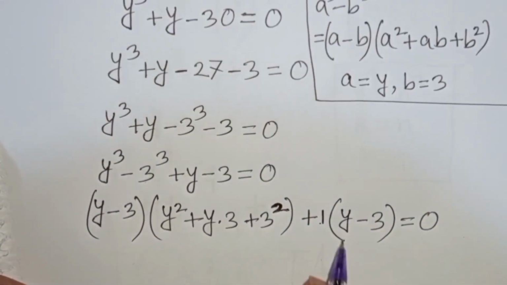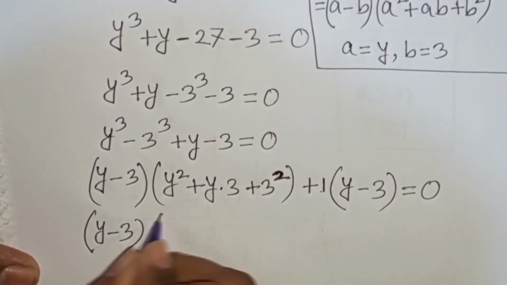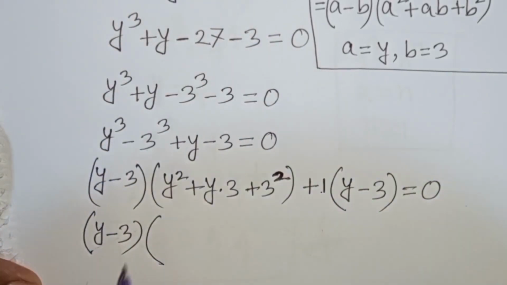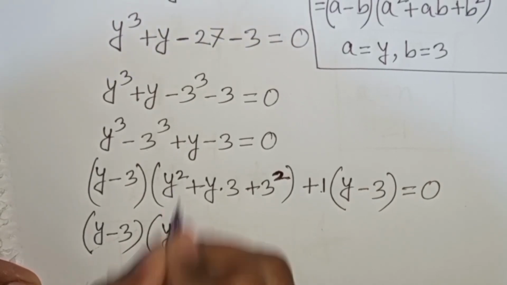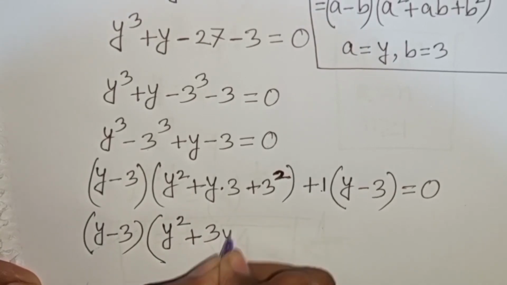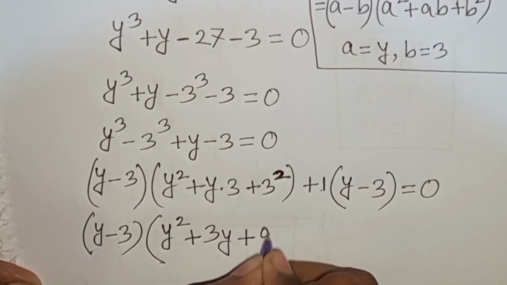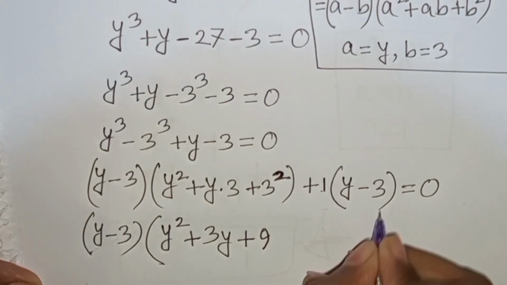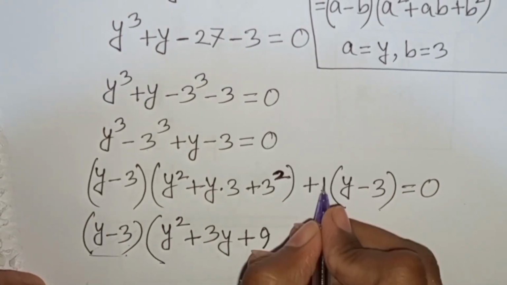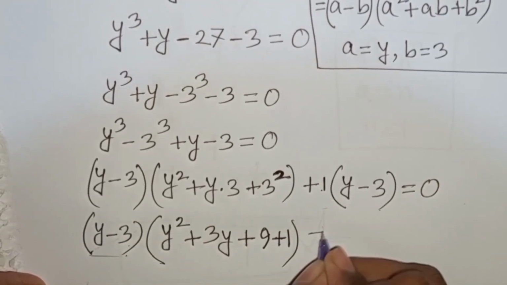Now we see y minus 3 is common, so take common y minus 3, so bracket y minus 3 is out of this bracket, so this divided by this, that means y minus 3 will be cancelled, so we have y square plus y times 3, that means 3y, plus 3 square is the same as 9, then this divided by this, that means this y minus 3 will be cancelled, so here plus 1, then bracket close is equal to 0.